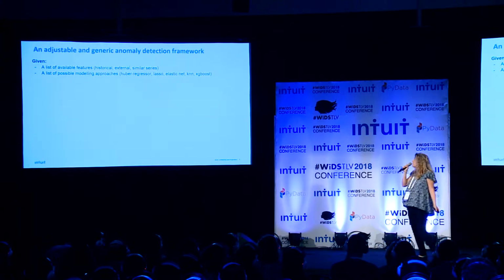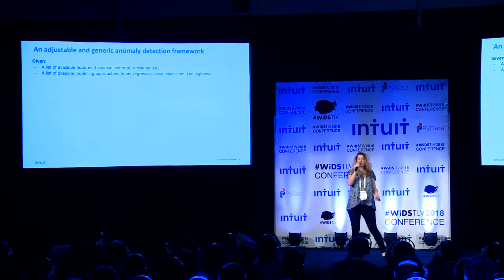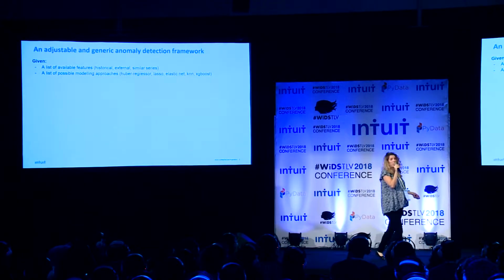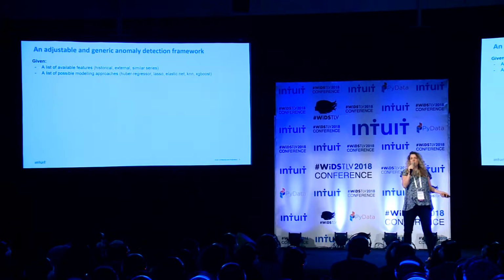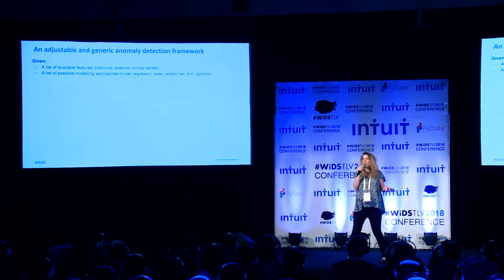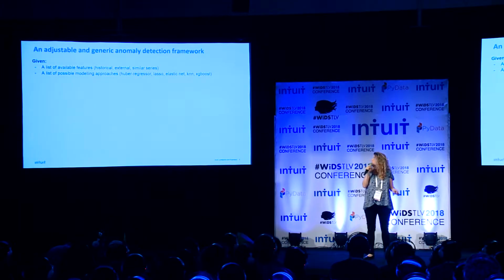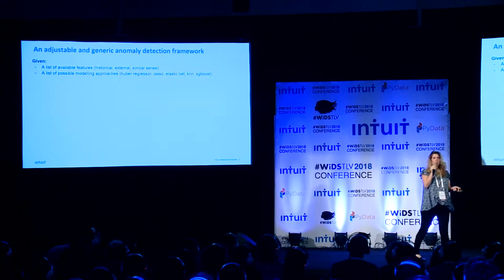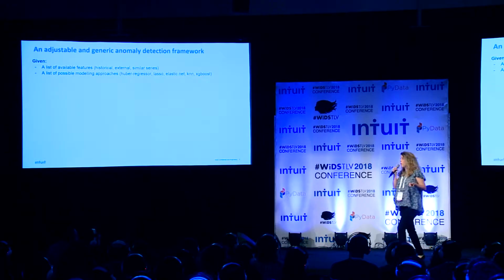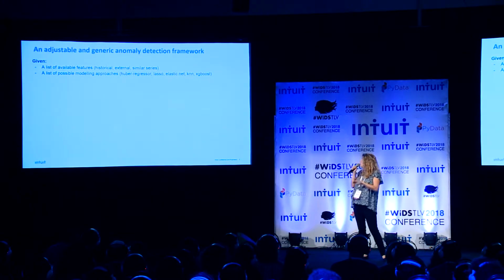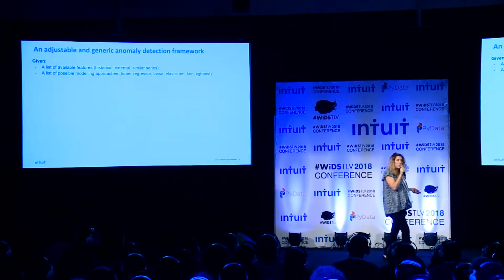Given a list of available features based on historic patterns within the time series, external data sources, and similar series of other actions which are correlated with this series, and also a list of possible modeling approaches, we build a whole framework around it. The modeling approaches we use are a few linear models.